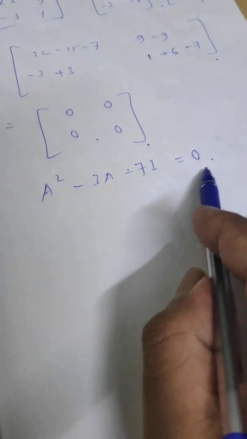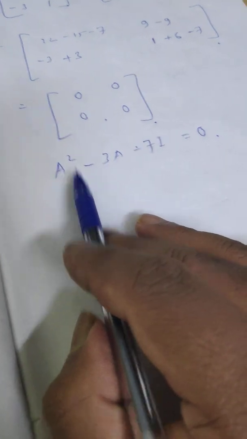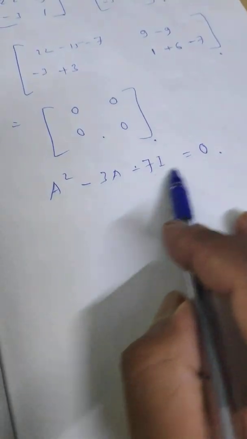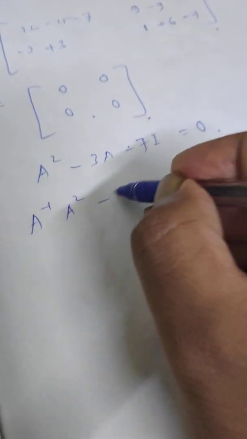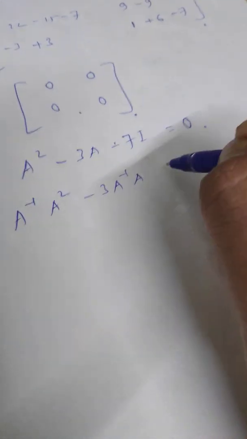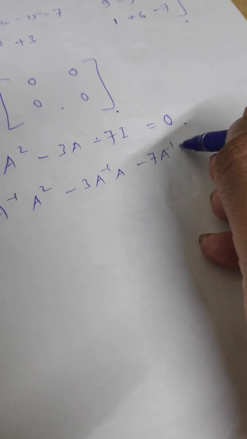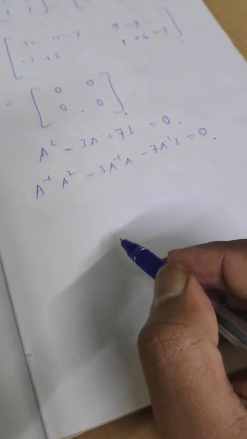Now using this, you have to find A inverse. I will multiply both sides by A inverse. So A inverse into A square, minus 3A inverse into A, minus 7A inverse into I equal to 0.